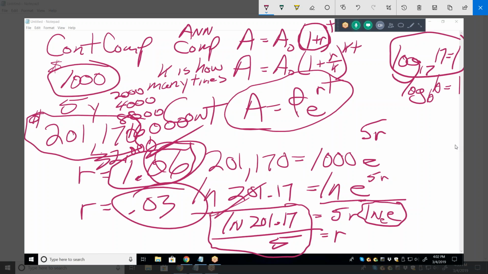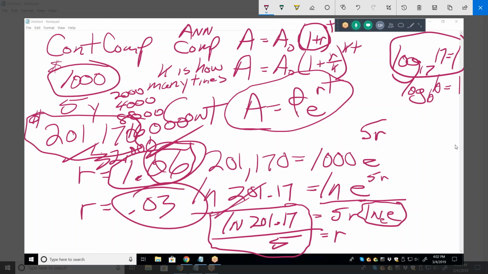But doubling your money every year doesn't get you anywhere close to 201,000. It only gets you to 32,000. It's hard for me to believe that that extra 6% makes that big a difference. Yeah, I don't think so either.